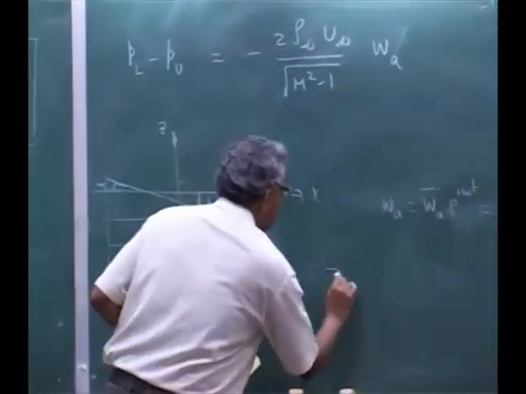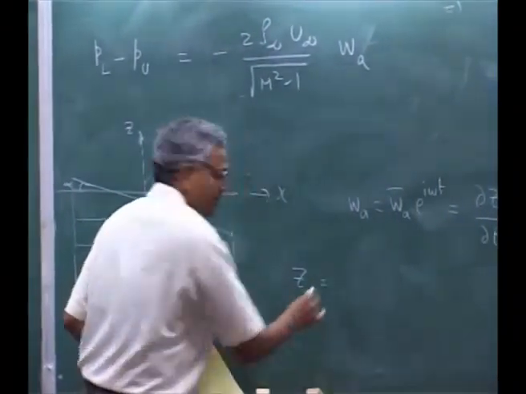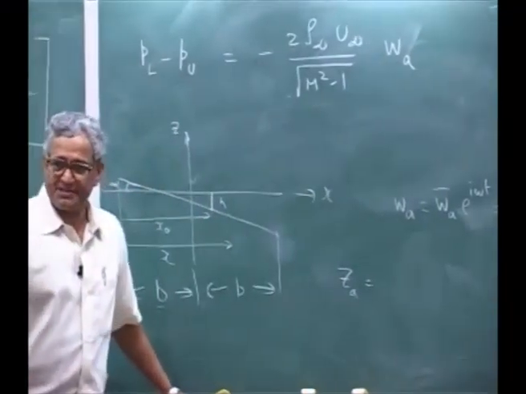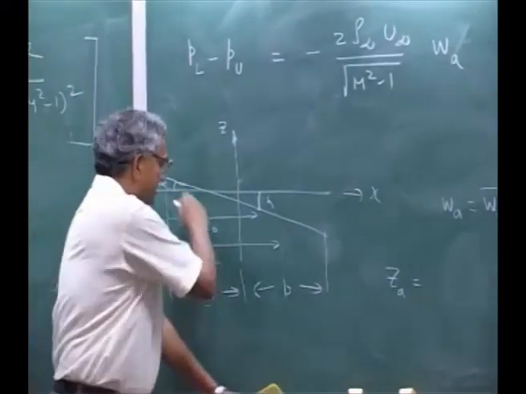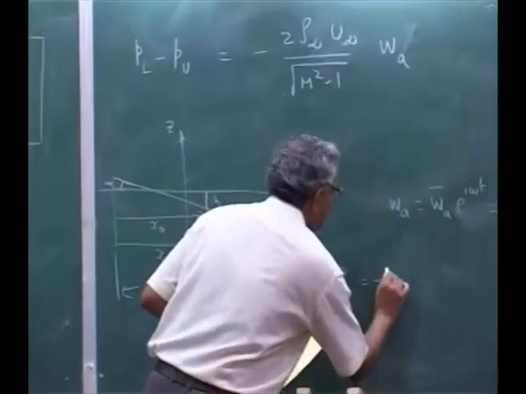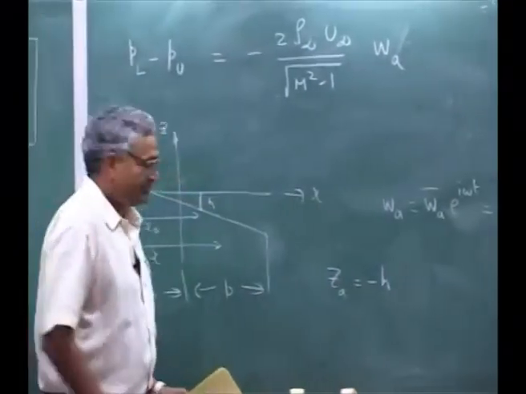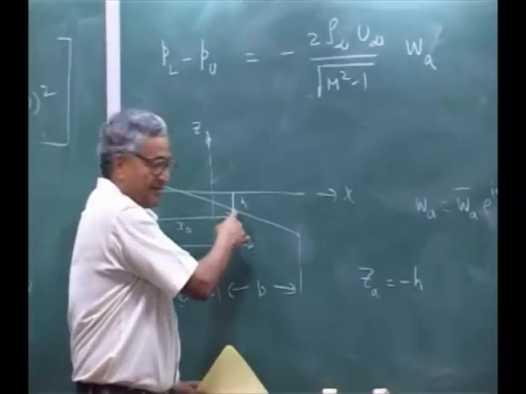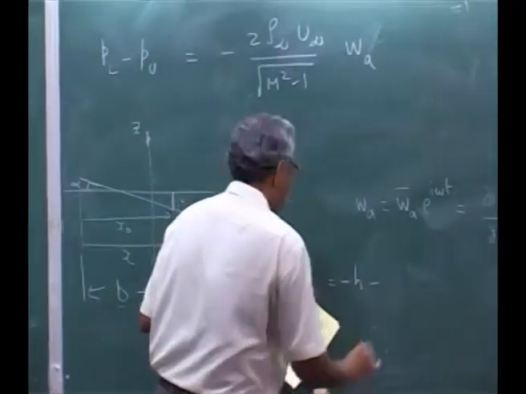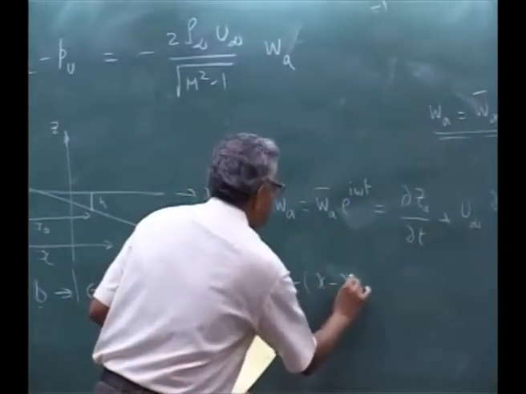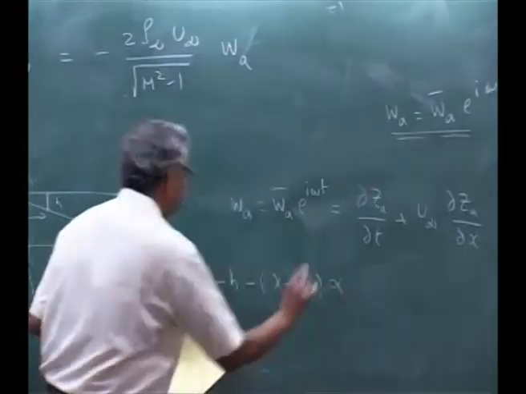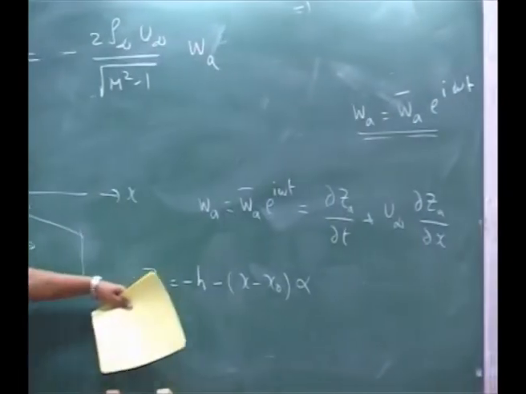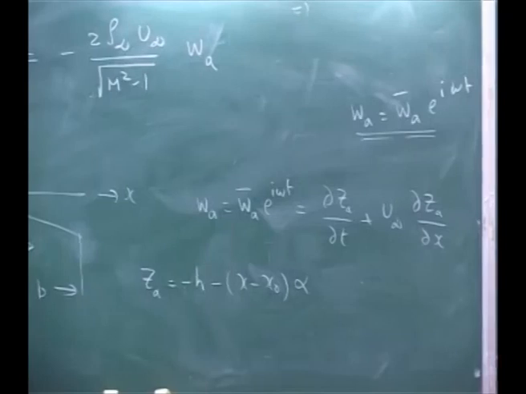So my ZA, whether it is upper surface or lower surface, is the same thing, because this is the line. This will be minus H minus X minus X naught alpha. This is my ZA, right?